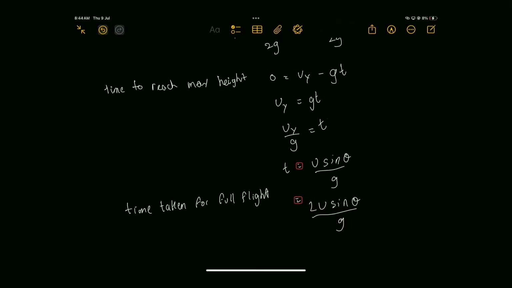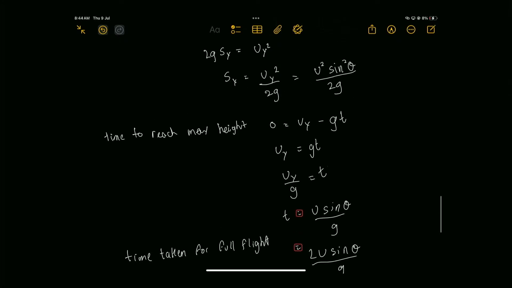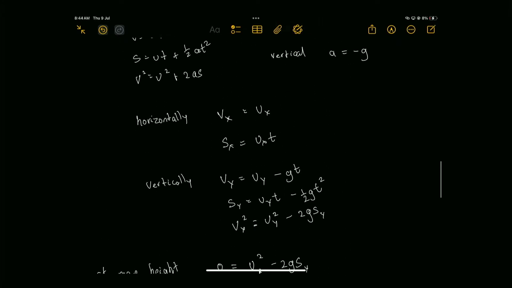Now, if we want to find the total horizontal distance covered, we have to use one of these horizontal equations, right? We'd have to use the second equation because that's the only one with distance. So Sx is equal to Ux multiplied by t, right?